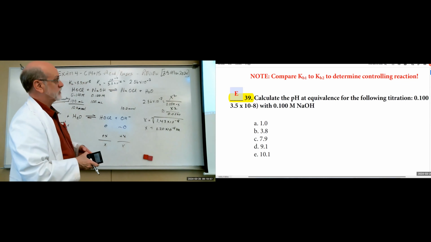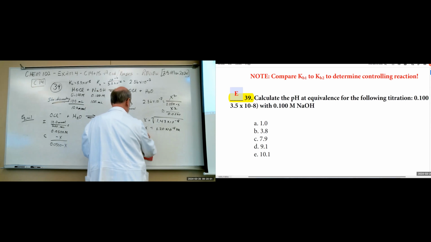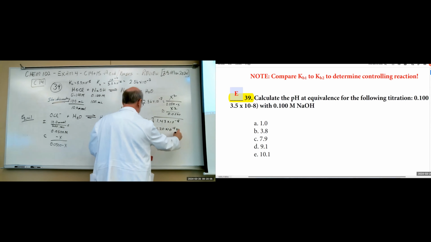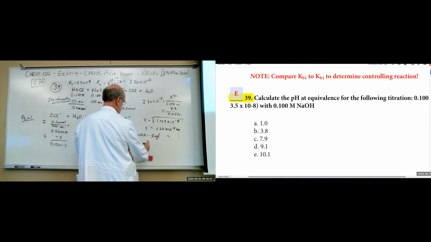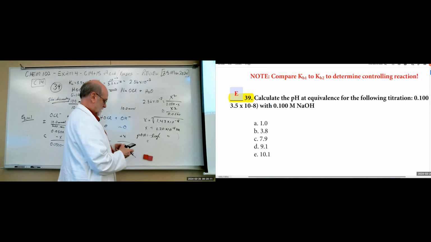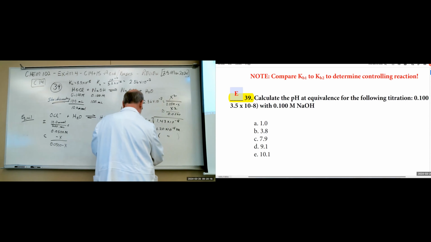If that's the hydroxyl concentration, we want to calculate pH. So the pOH is the negative log of that value. Let's take the log of it, change the sign. 3.9. And the pH then would be 14 minus 3.9.